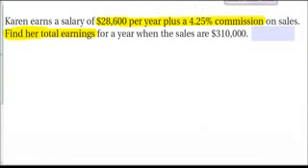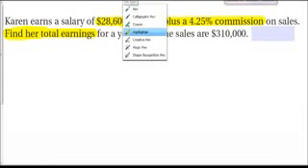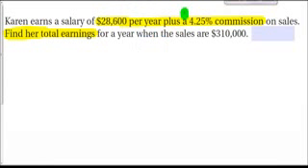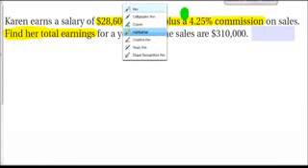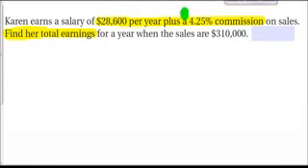All right, commission again. We talked a little bit about commission yesterday, but many people who are paid by commission are actually paid based upon not just the commission that they earn, but they're also paid a fixed dollar amount per year or per month.